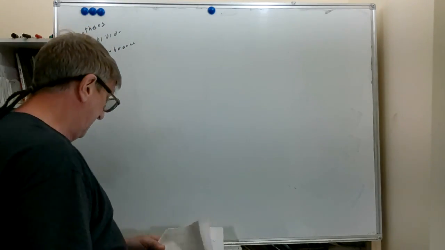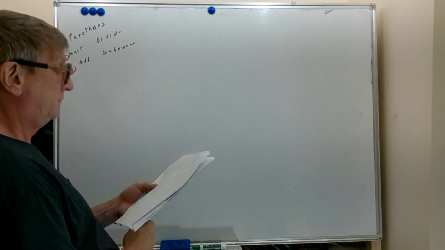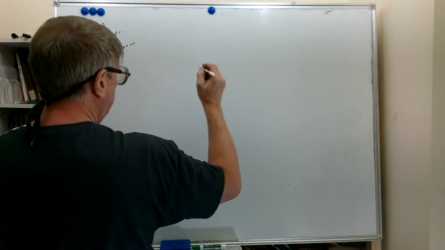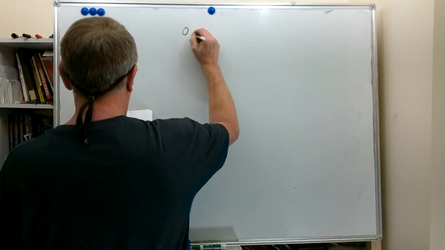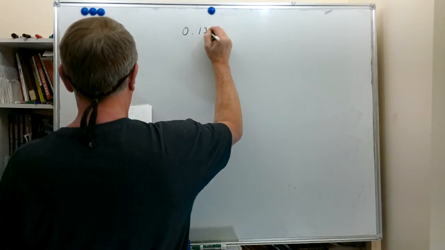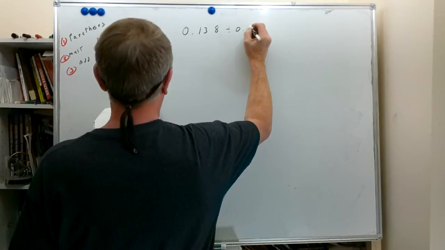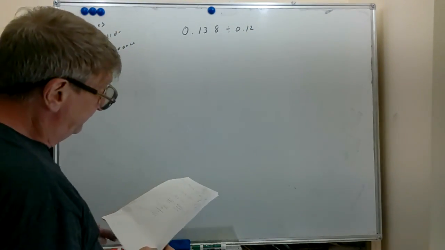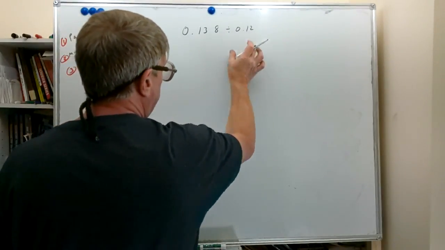Okay, we're going to talk about dividing decimals. I'm going to write a division problem up here: 0.138 divided by 0.12. We want our divisor to be a whole number.